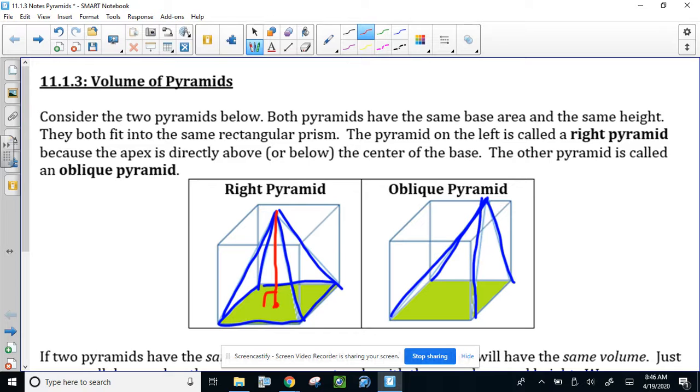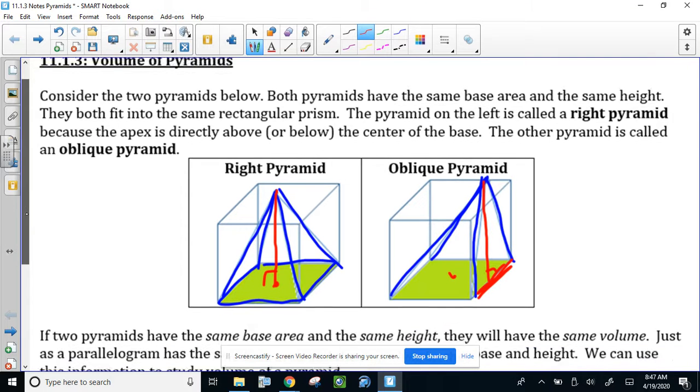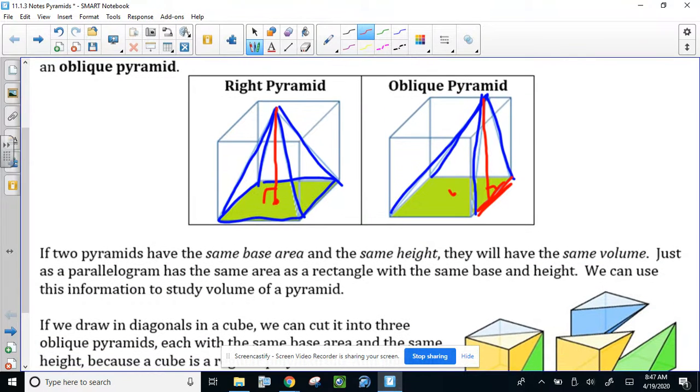So if I was to draw the height down, we could see it comes in more so on the right side of the pyramid as opposed to the center of the base like the other one. So it's off quite a bit. One thing that we note, the reason we look at these is because if they have the same base area and the same height, they will also have the same volume. Just like we talked about with parallelograms, just like you see with triangles, the same information happens with pyramids.